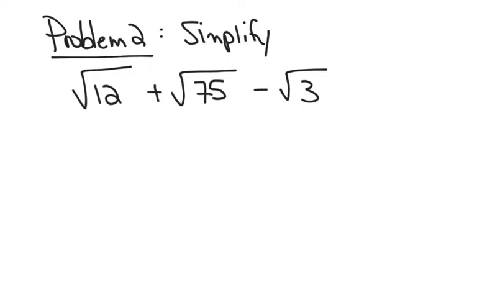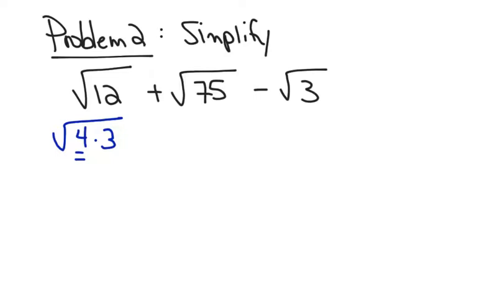Because they can. One of the ways that we simplified radicals was by rewriting the number under the radical as the product of 2 numbers where one of them is a perfect square. The reason we're looking for perfect squares is because we're taking square roots. If these were cube roots, I'd be looking for perfect cubes.